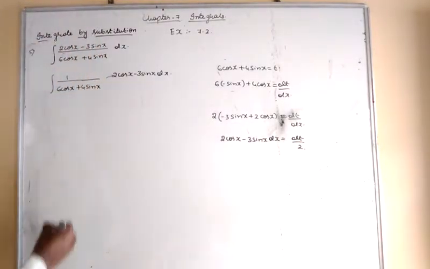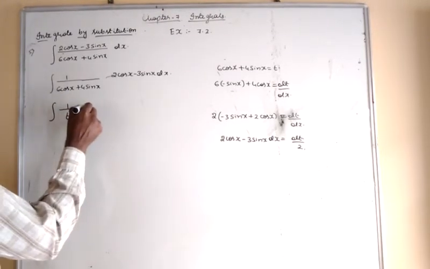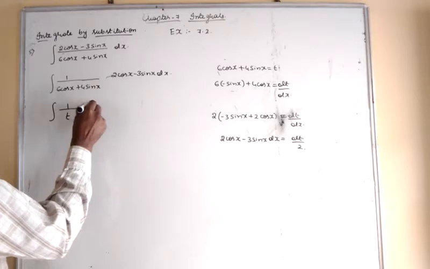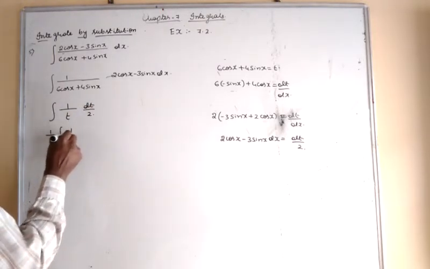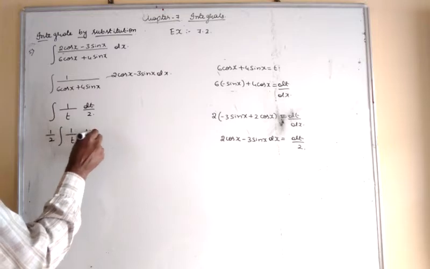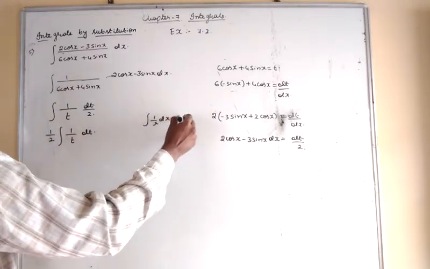Here if you substitute in this 1 by t, then 1 by t into dt by 2. So 1 by 2 is a constant, integration of 1 by t dt. You know the integration of 1 by x is log x plus c.